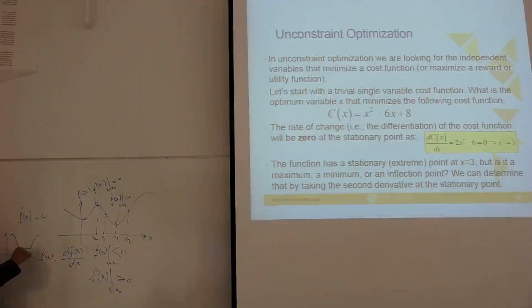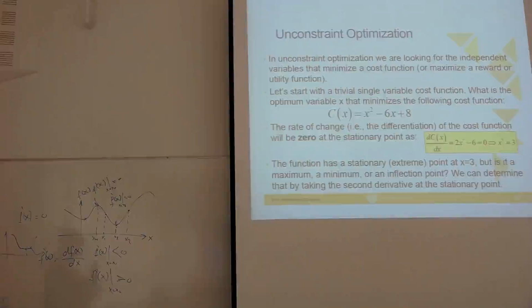So this inflection point also has the differentiation equal to 0. So wherever the differentiation is 0, then we have an extreme point. This extreme point can be a maximum, a minimum, or an inflection point. So this is a very important concept to remember.